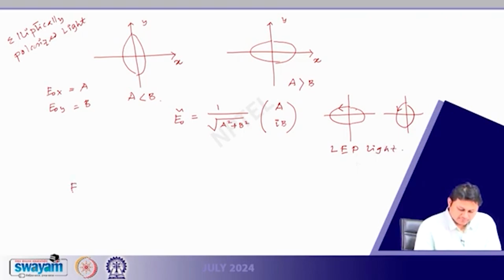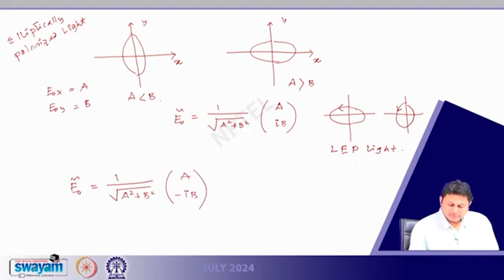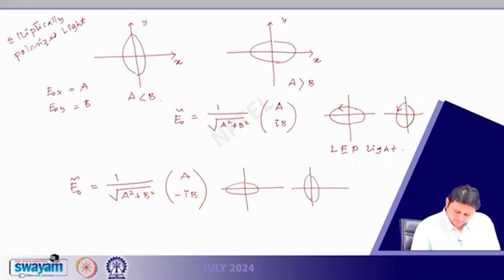Similarly, if I have this notation, this structure, depending on the value of A and B, I can have two structures, either this or this, but here it will be right elliptically polarized light.